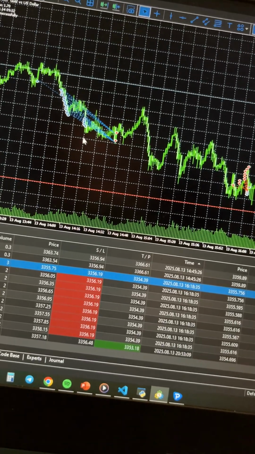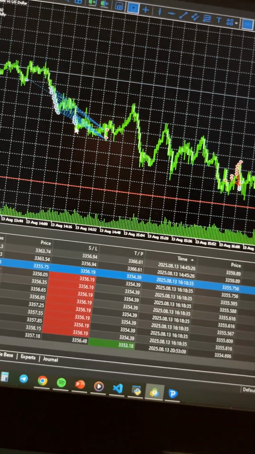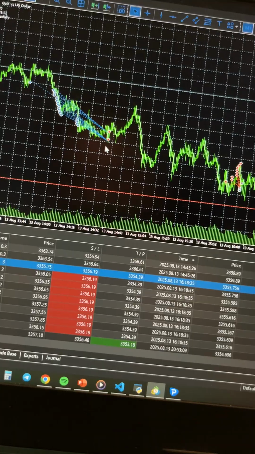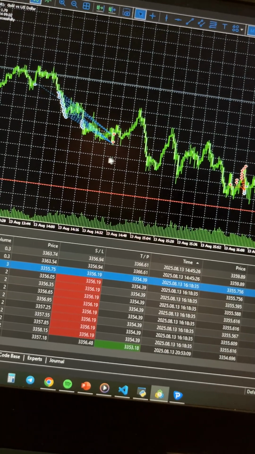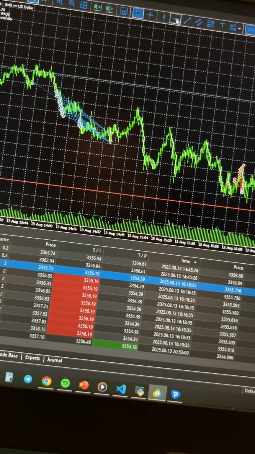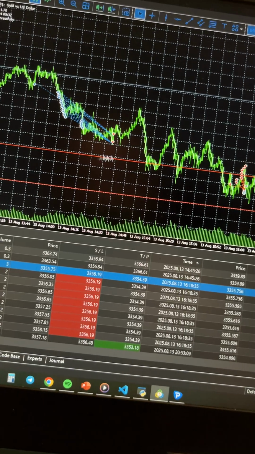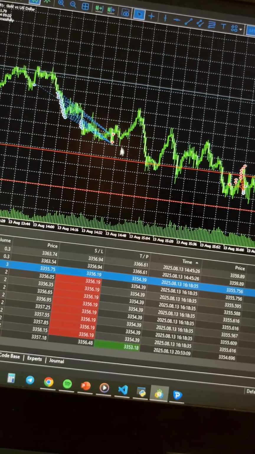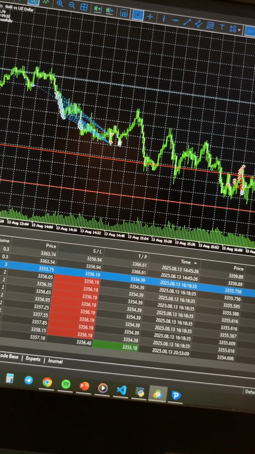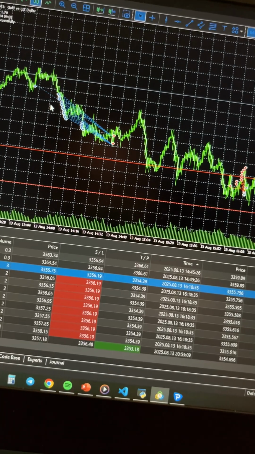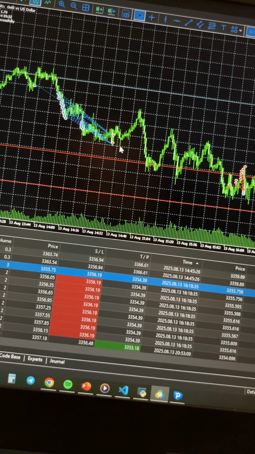But I think if I had used an 80 pip stop loss, maybe around here, then my positions would not have been hit.